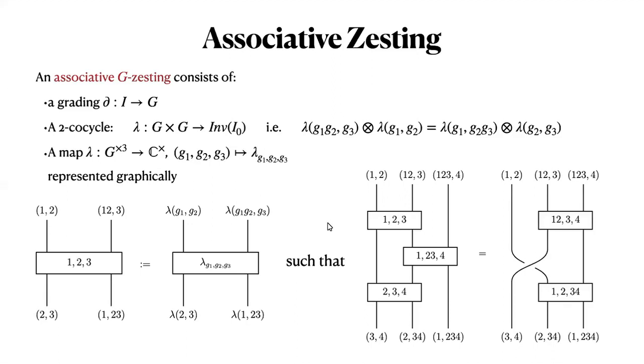This equation here is written using graphical calculus. So the idea here is that this corresponds to lambda of G1, G2. This corresponds to lambda of G1, G2, G3, and so on.